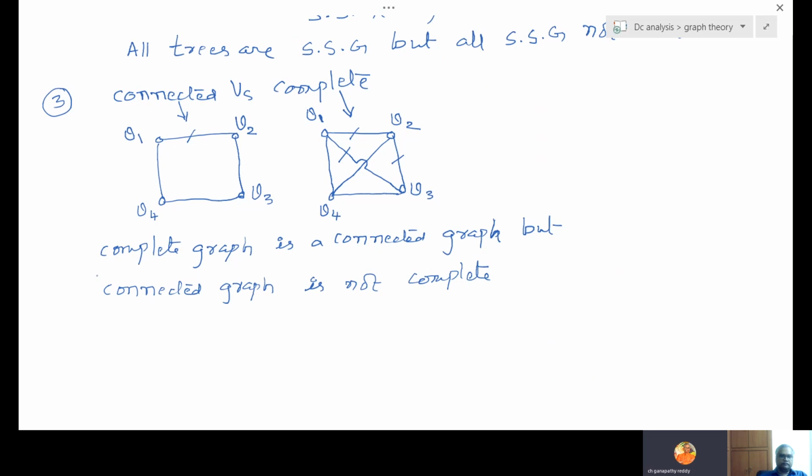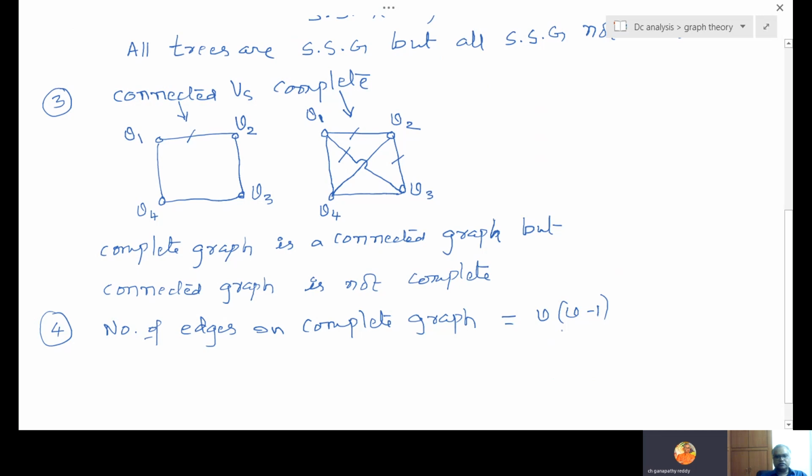Next, fourth one. Number of edges in complete graph is given by V into V minus 1 by 2.